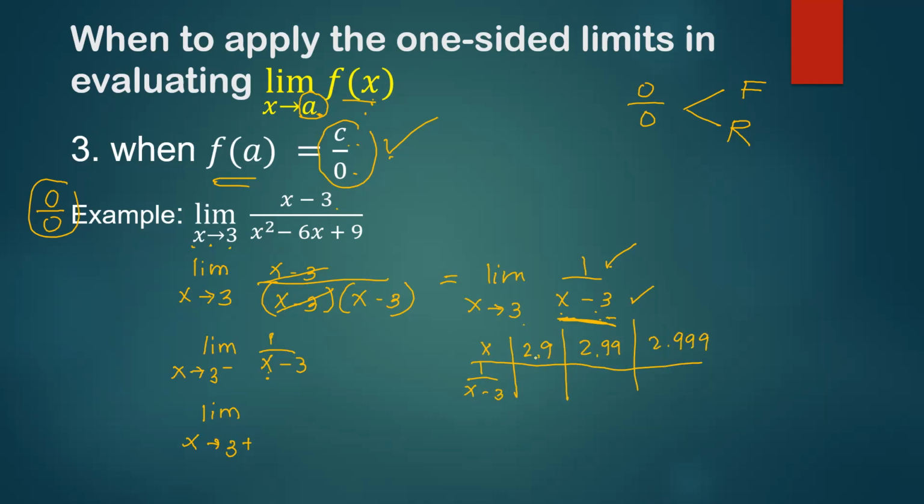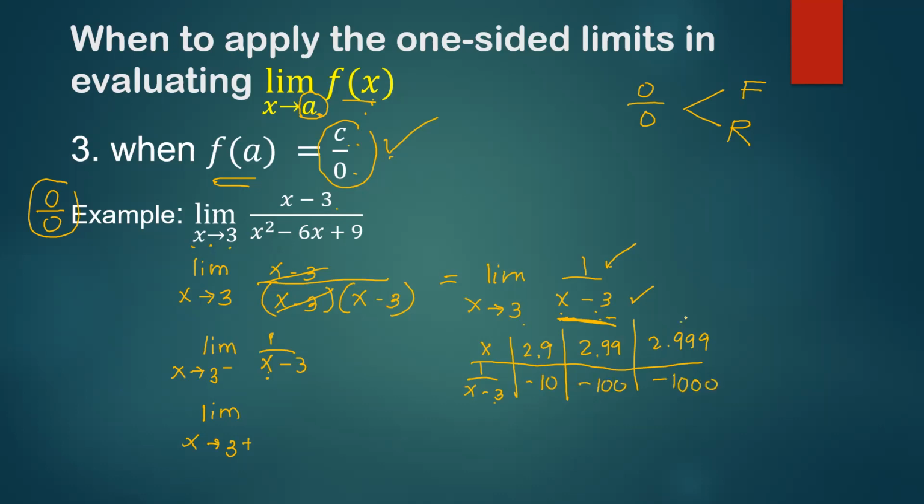If we have this, that will be negative 0.1. 1 over negative 0.1 is what? It is 1 over negative 1/10, so this will be negative 10. You can verify that this will be negative 100, and this will be negative 1,000.